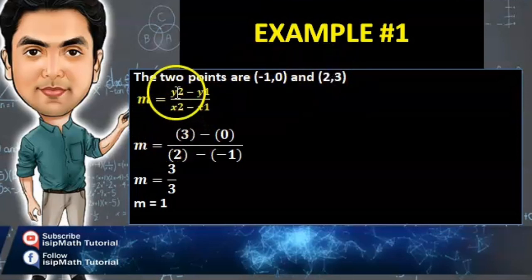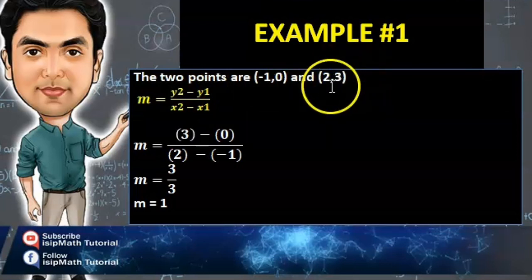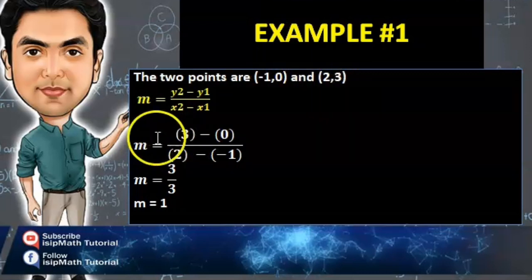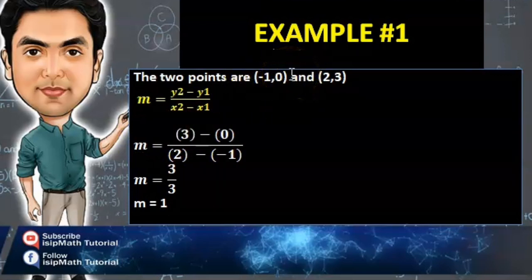So magiging ganito. Our y sub 2 is the value of our y sa ating second point, di ba? Ating y sub 1 is the value of our y sa ating first point. So ang y sub 2 natin dito is positive 3. Minus our y sub 1, the value of y of our first point, is 0.